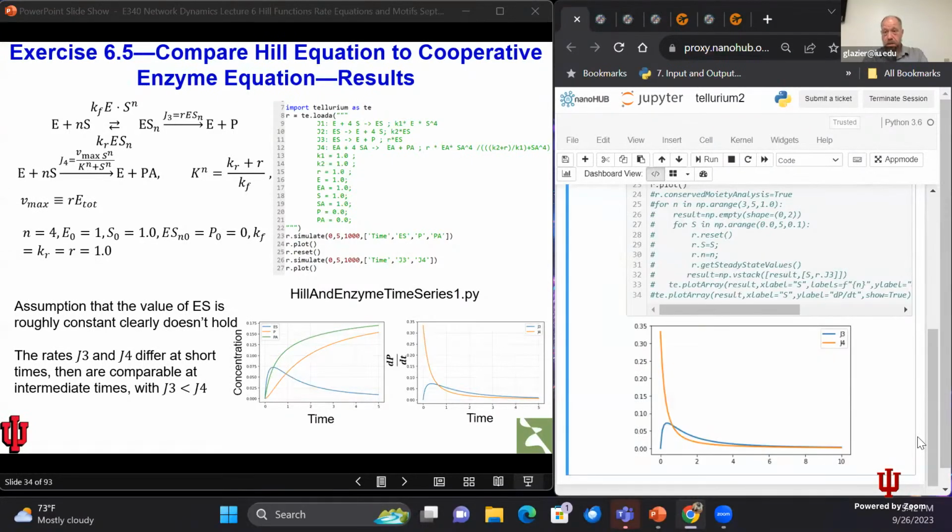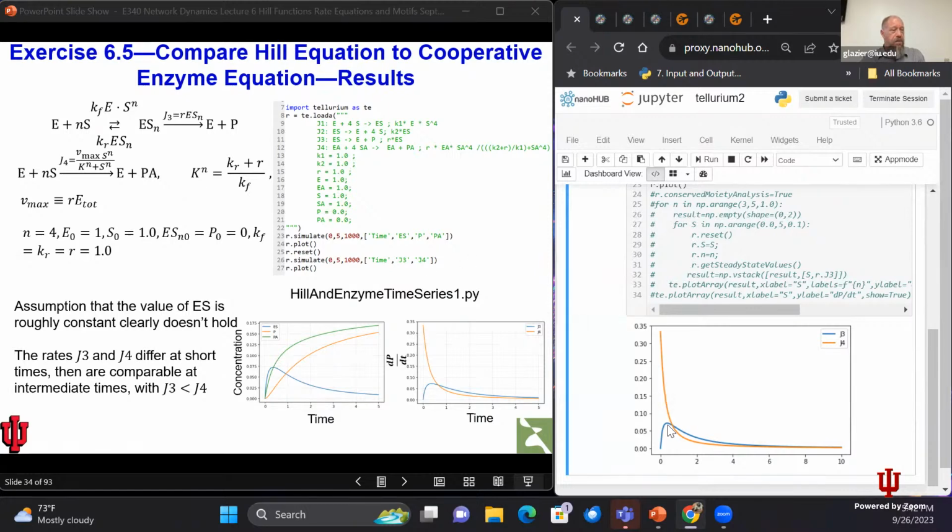The point of this exercise, and maybe it's worth coming back to the point of this exercise, was that the Hill approximation is an approximation that neglects, remember that we said before that it takes time for the complex to form. In reality, it takes time for E plus NS to make ESN. Once we've made ESN, the production of P is the same.